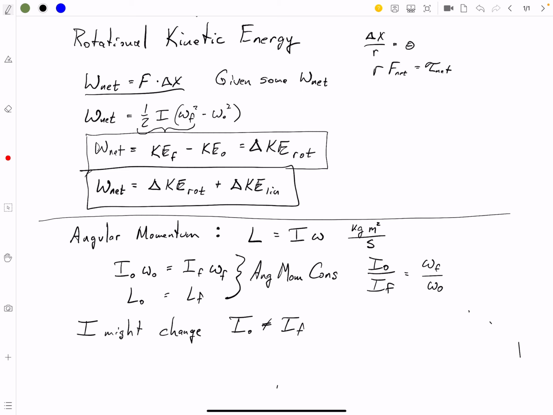Those things happen, right? You have a child on a merry-go-round, and the child jumps off while it's in motion. That changes the moment of inertia. So keep in mind that I doesn't necessarily stay constant throughout the problem.